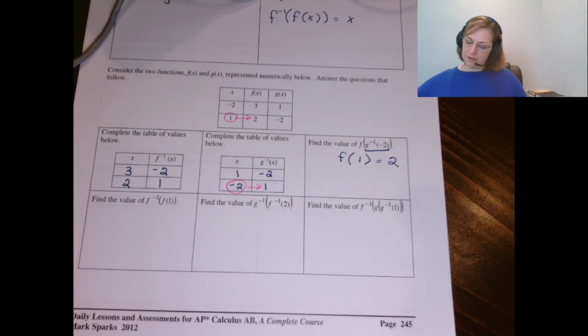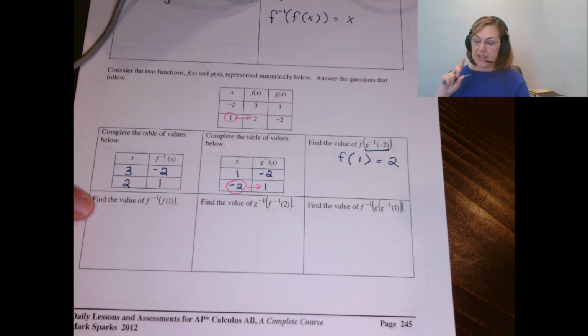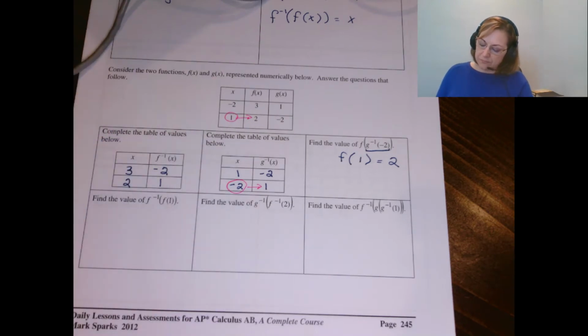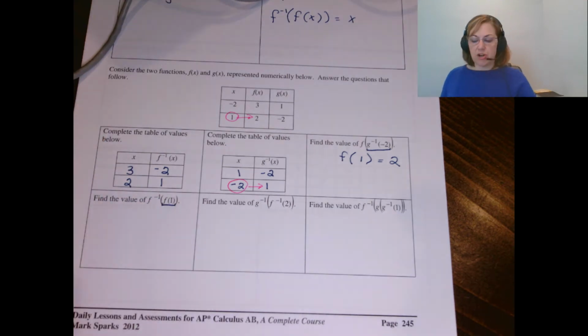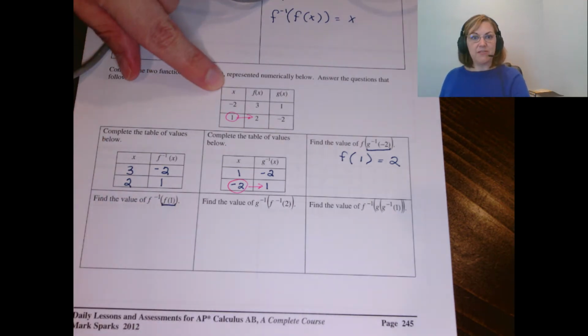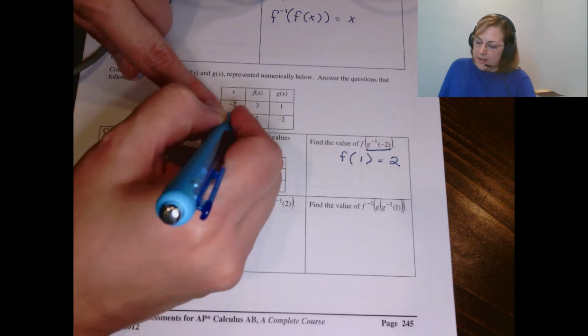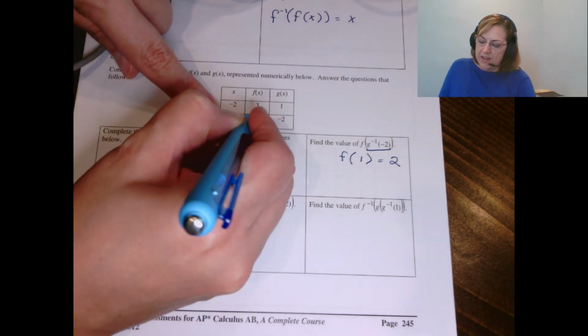Let's do this next one here, the inverse of f of the function of f of 1. Again, starting on the inside, f of 1. Let's go to the chart that has f. When x is 1, we get 2.